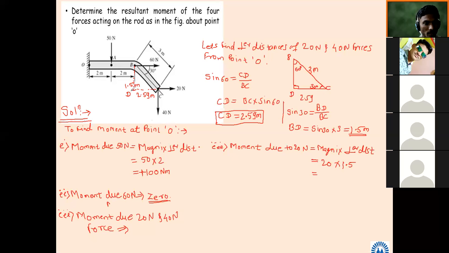We can extend this line of action in the backward direction also. What will this distance be? 1.5 meter. So simply the answer is 20 into 1.5, 30 Newton meter.